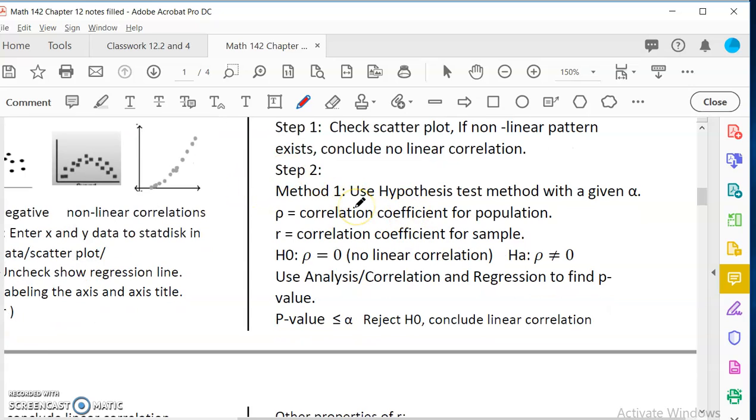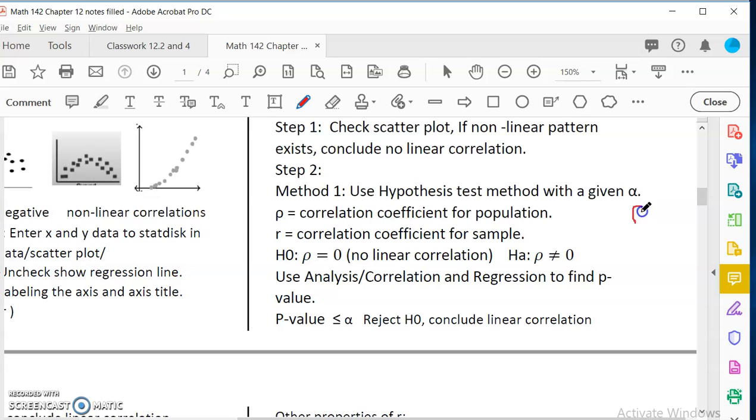Step 2 is to use a hypothesis method, because whenever we have to check a threshold, the hypothesis method is very good. The hypothesis test that we do is called the linear regression hypothesis. Basically, you assume that there is a population parameter called rho.